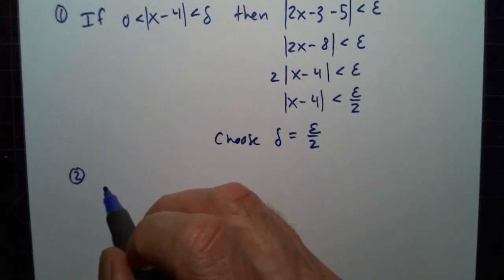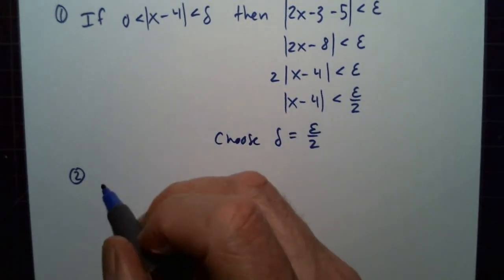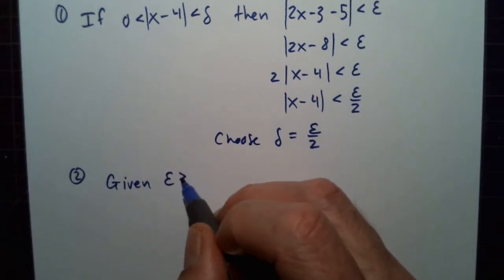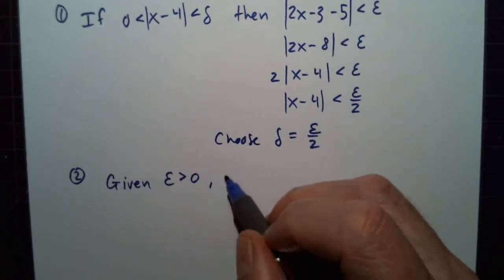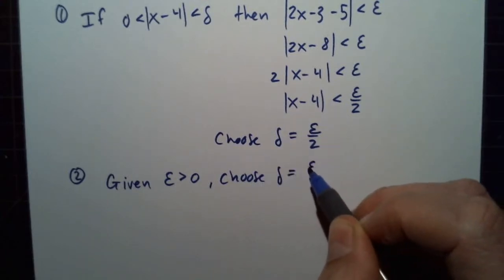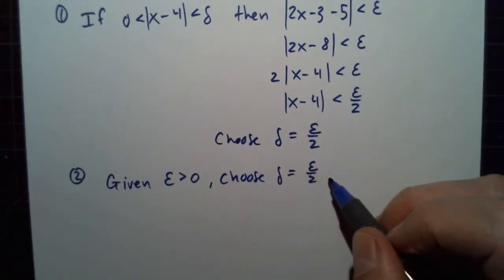And we start by writing: given an epsilon greater than 0, choose delta equal to epsilon over 2.